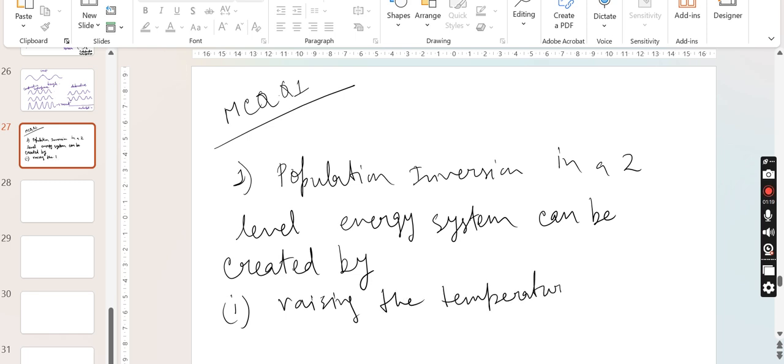That seems kind of possible because of gas dynamic pumping, but this does not only involve raising the temperature, it also involves cooling the system, lowering the temperature both at the same time.